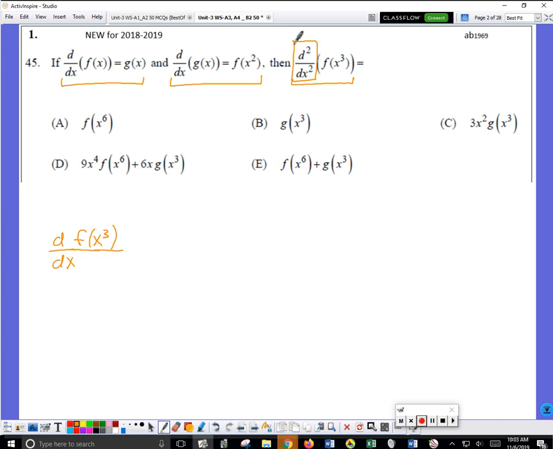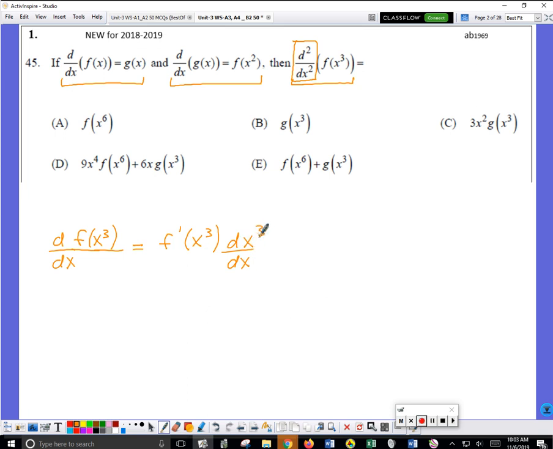Okay, so here's where I have to use the chain rule. Just like before, you said the derivative of sine is cosine. Well, the derivative of f is symbolically represented as f prime. You plug in the g, which is x cubed in this case, and then you finish by taking d dx of the x cubed.